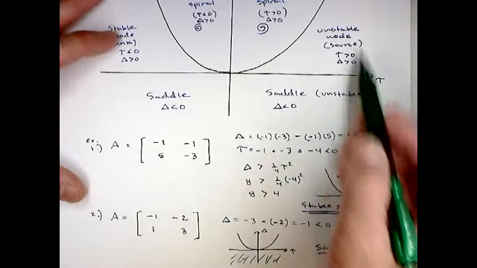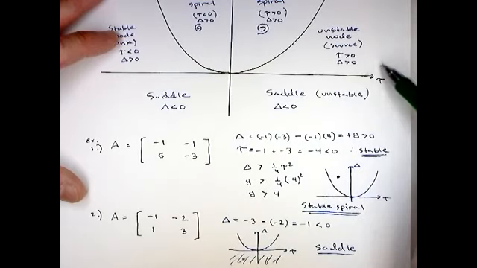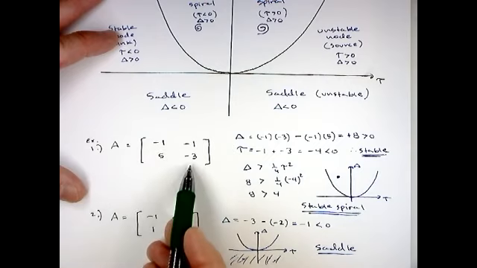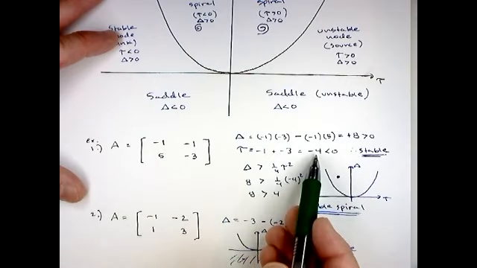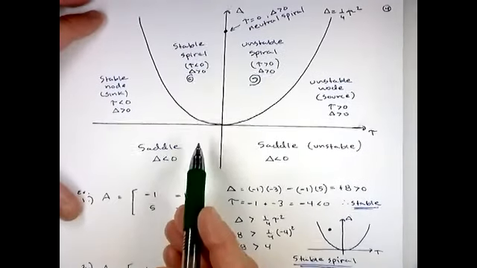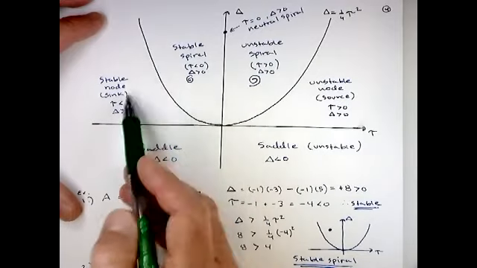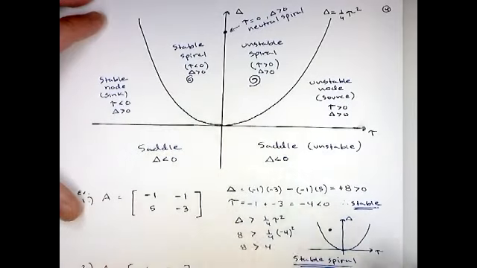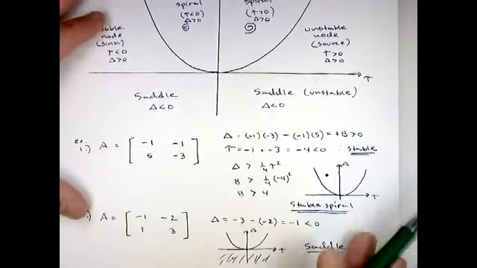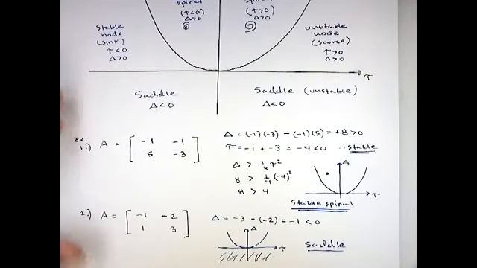So I know I'm above the tau line. Then I look at my trace. -1 plus -3 is -4. So if my trace is negative and my determinant is positive, I've narrowed it down to either a stable spiral or a stable node. So in either case, I know it's stable.